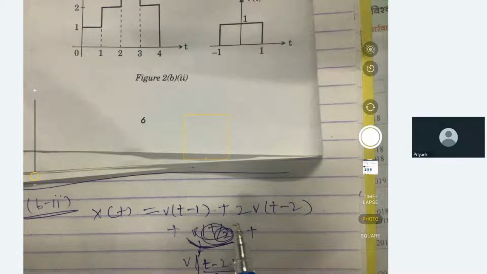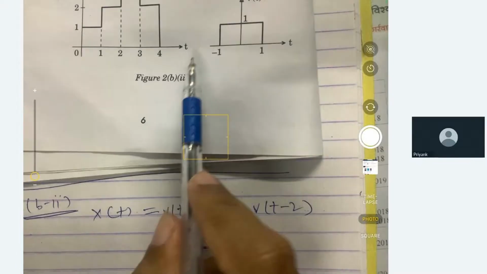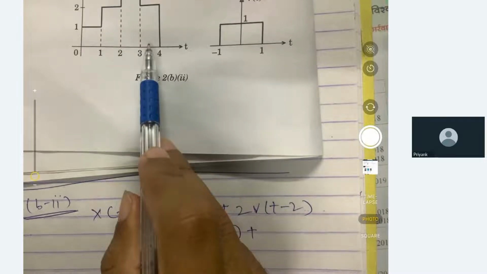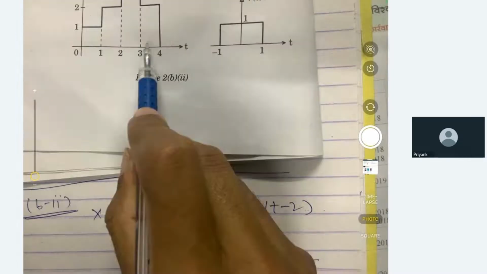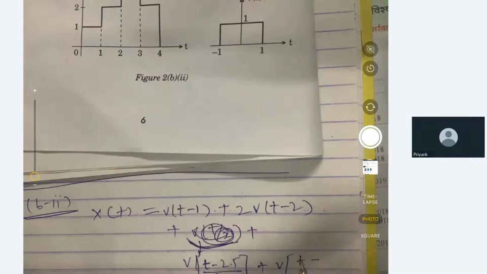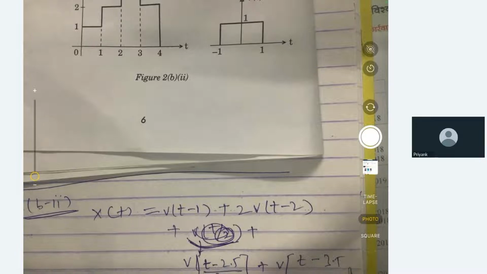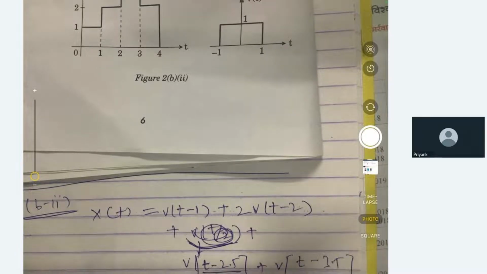From here to here we have 1. Here to here we have 1, plus v of, we have to shift it to the center, so it will be (t minus 3.5) divided by 2, multiplied by 2.